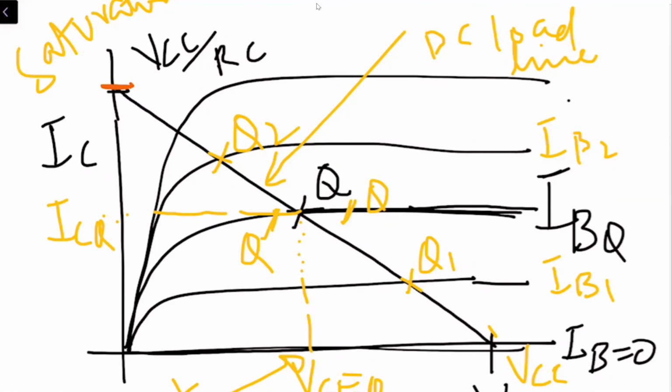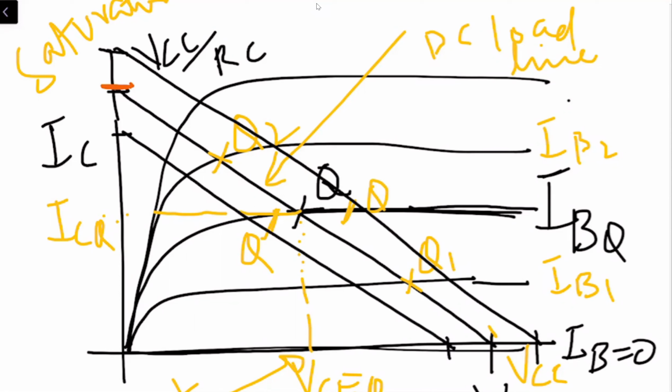So if VCC increases, we will have a point over here as well as a point over here, and the line will be something like this. If VCC decreases, we will have a point over here as well as over here, and a line like this.